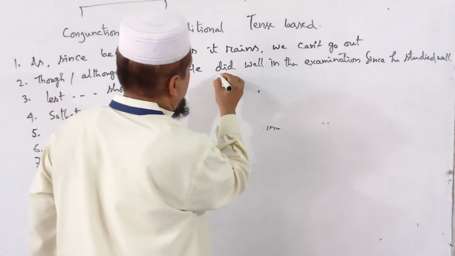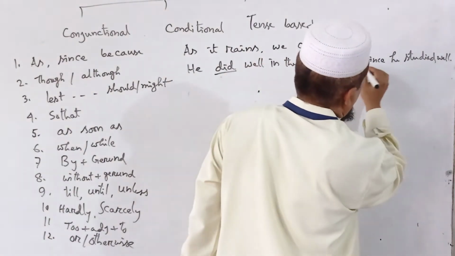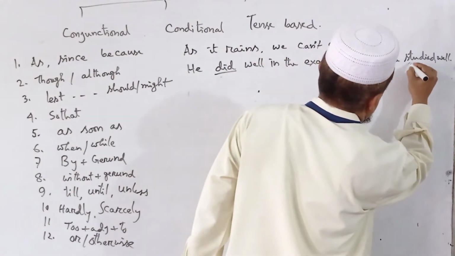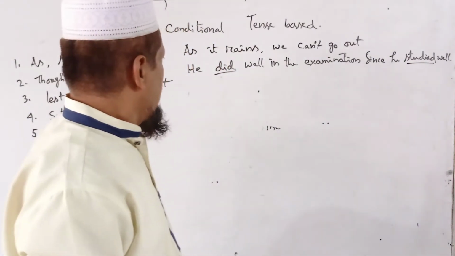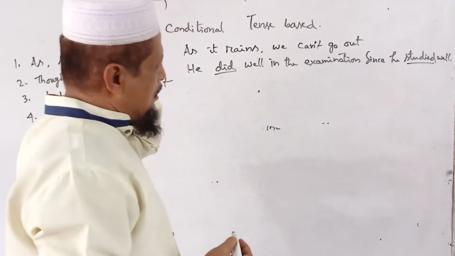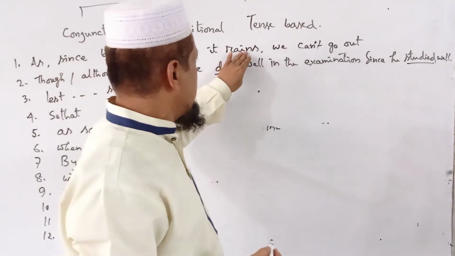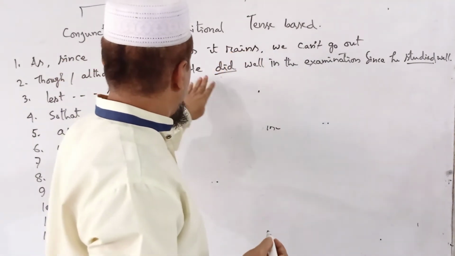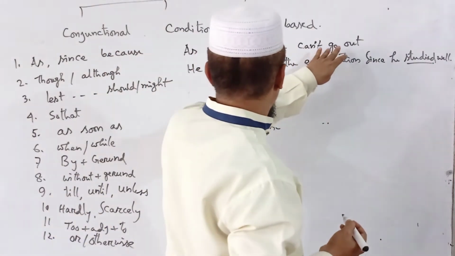Here the tense form is included in the first clause. For this reason, we also added another first form in the second clause. You should not change the tense form. If the tense form is present tense, then the other clause will also be the same tense, present tense.